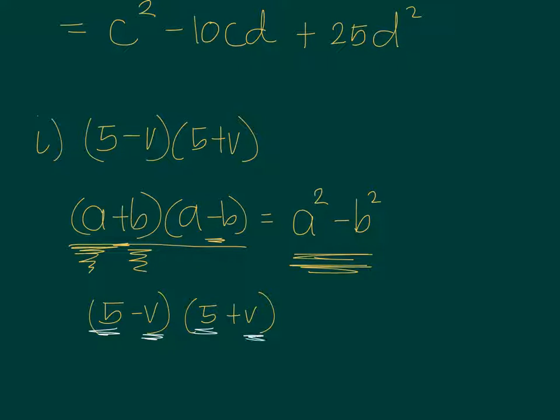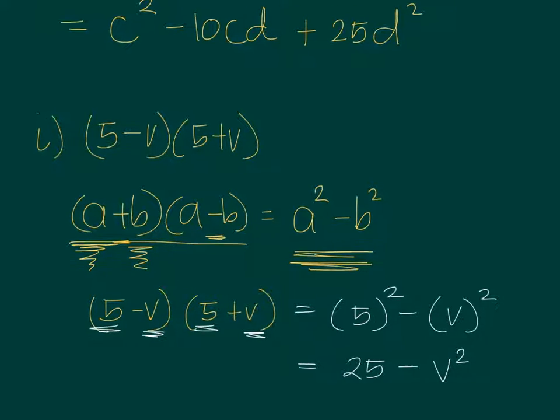V and V, so they're the same. So that means the answer to this is just square the first, 5, and then minus square the second, which is V. So 5 squared is 25, and then V squared is just V squared. So that's the expanded form of 5 minus V times 5 plus V.